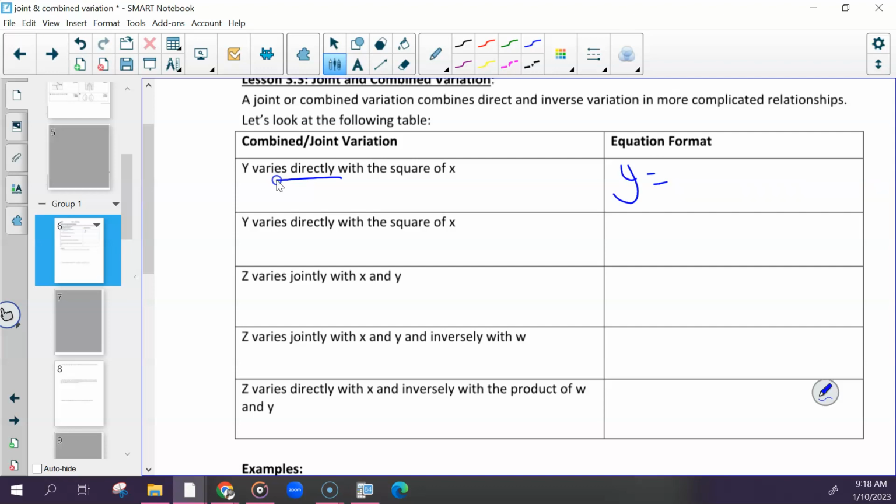The k is still going to be there, but now instead of x, we have the square of x. How would we write that? The square of x.